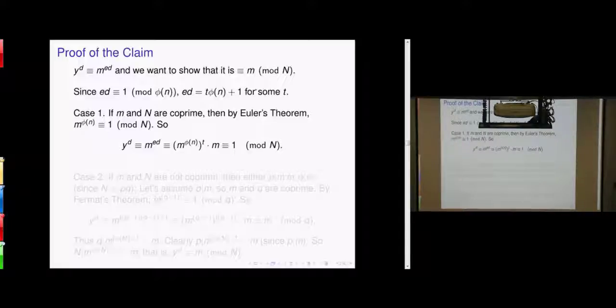If m and capital N are co-prime, then m to the phi of capital N is congruent to 1 modulo n. I think I mixed up capital N and small n, but they are the same.